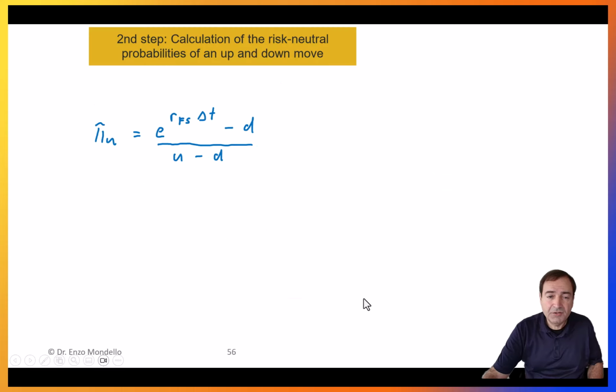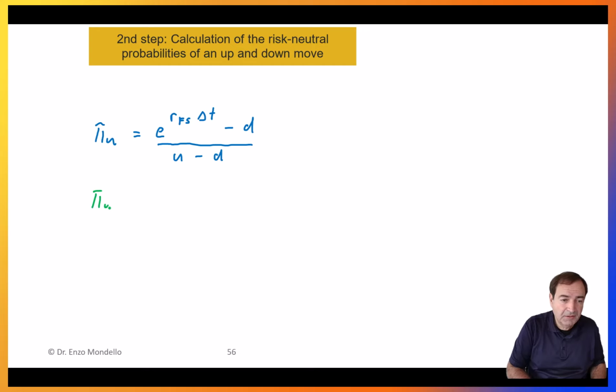Let's apply now this equation to calculate the risk-neutral probability of an up move in our example. The risk-neutral probability of an up move, that's Euler's number to the power of the 6 months Euribor, which is 2.311% in our example, times 1 period in the binomial model, which is 6 months divided by 12 months, so 0.5 years.